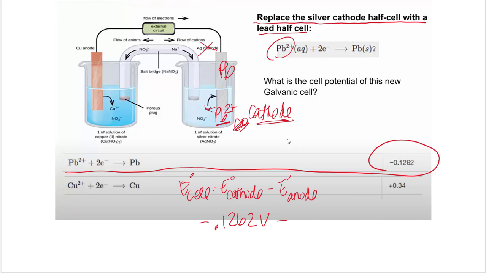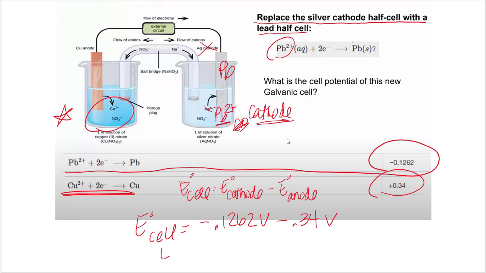And our anode over here is our copper, and our copper value is 0.34 volts. So our Ecell, when we plug this into our calculator, do it with me, negative 0.1262 minus 0.34, and I got negative 0.4662 volts.